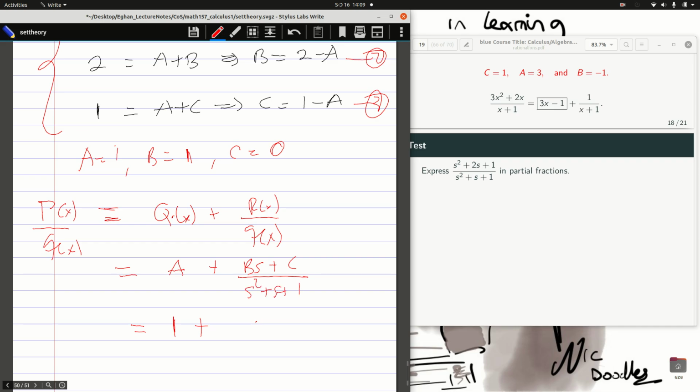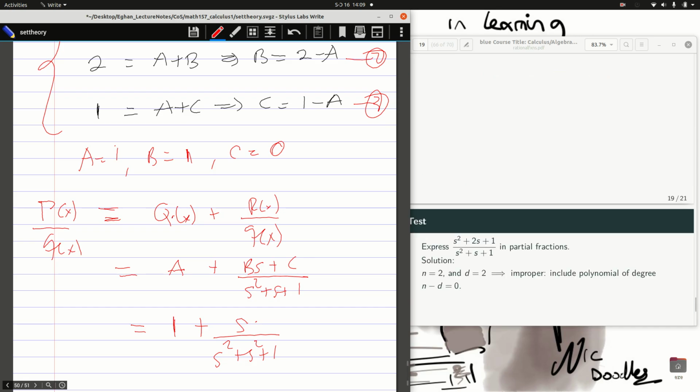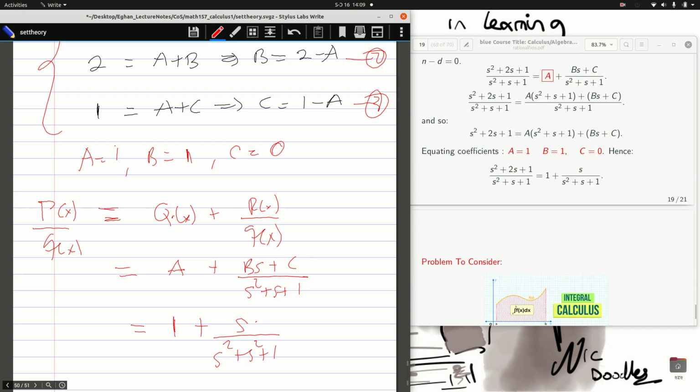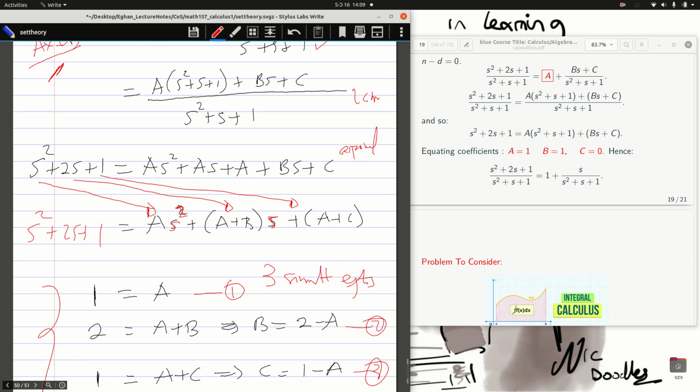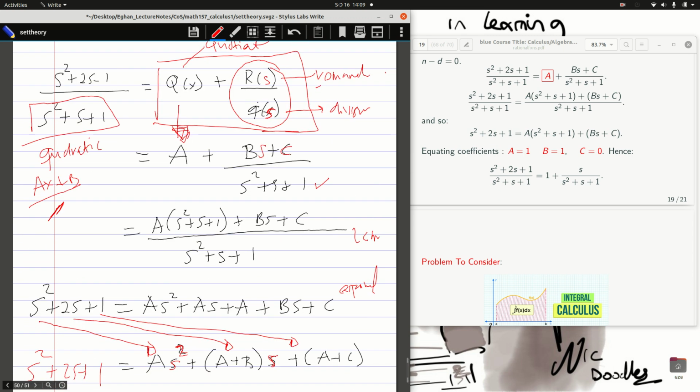B we had as 1, so s. C we had as 0. And that is it for our solution. A is 1, B is 1, C is 0. You can go ahead and use the long division approach and see if you can easily get the same answer. And trust me, you are going to get the same answer.